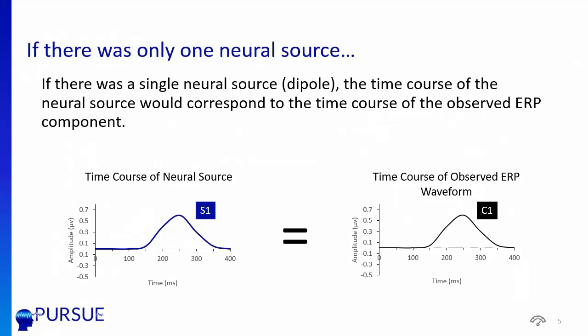If there was just one single source or dipole, then we have on the left side the time course of the source, hence the S1, and on the right side, we see the ERP, the observed component. So C1 here represents the ERP component. If there was one single neural source, the ERP would reflect that. That's what you would have.